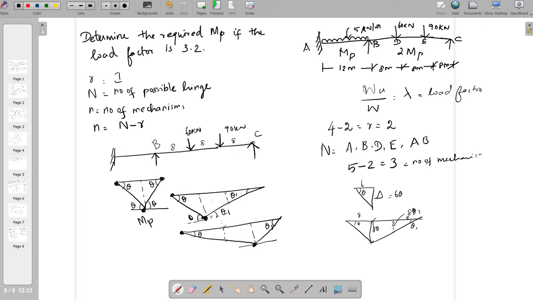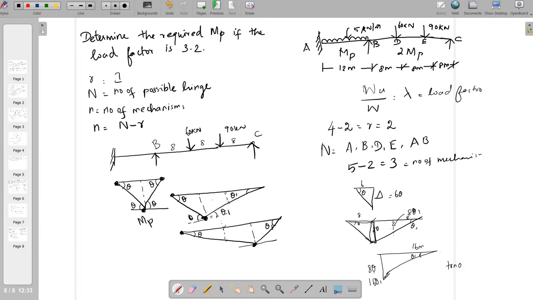If you relate this long triangle, the deflection here is already 8 theta. But if you compare this 16 meter span with theta 1, we can find another delta of 16 theta 1. From the left side triangle we can find 8 theta.